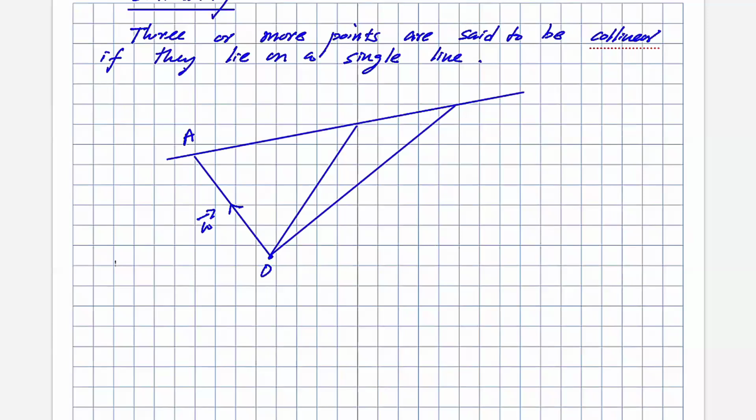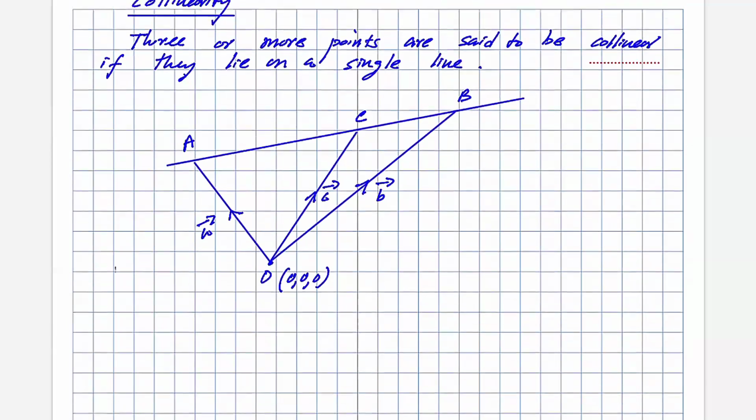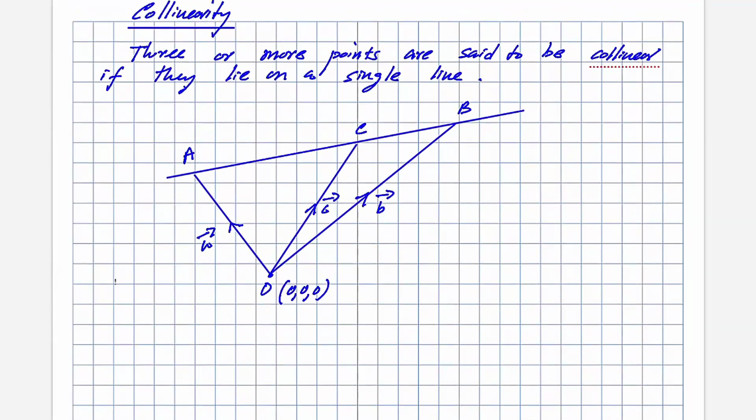That vector is starting from the origin. Origin means 0, 0, 0 point. That's a position vector, right? So this is B vector. Suppose this is C vector. So these points are ABC points, right? Now you can see by looking at the diagram, these points are collinear.